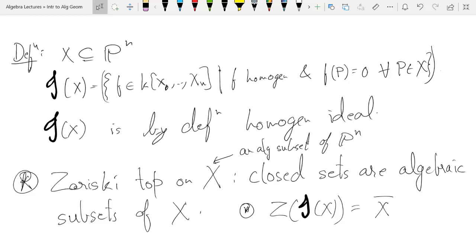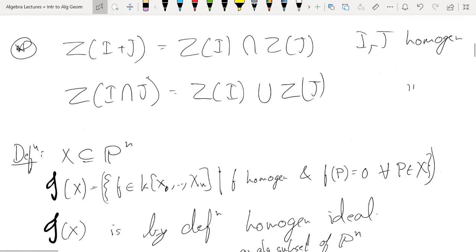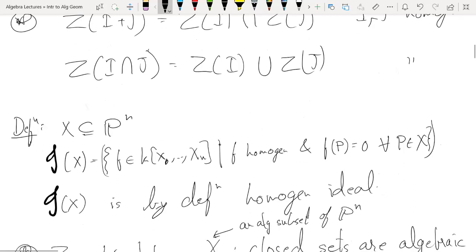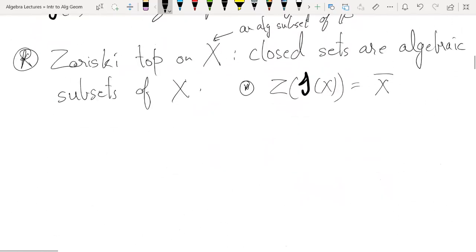Okay. So one has to check that this is indeed a topology. But that follows from this bullet essentially, I intersection J. This holds not just for two ideals, but any number of ideals. And the fact that the empty set and the whole of Pn are closed subsets, are algebraic subsets.